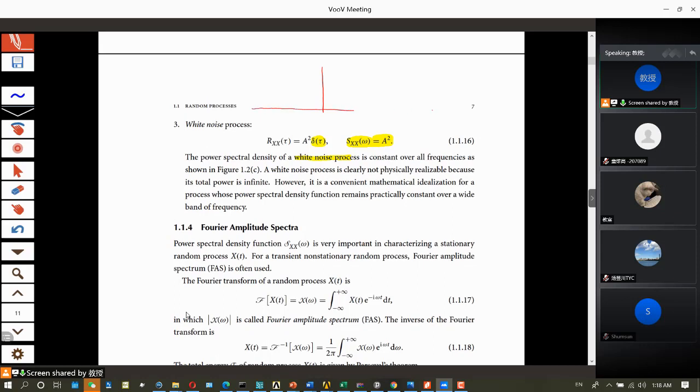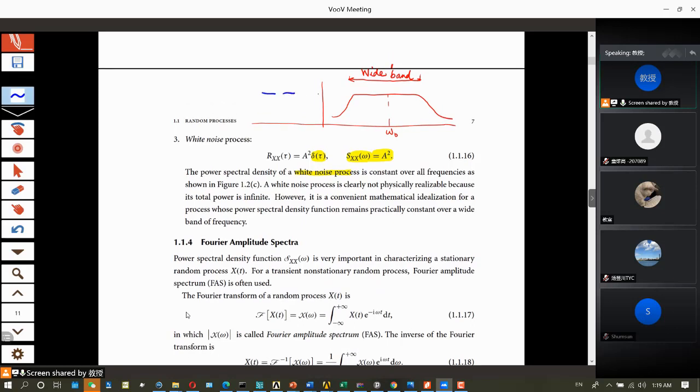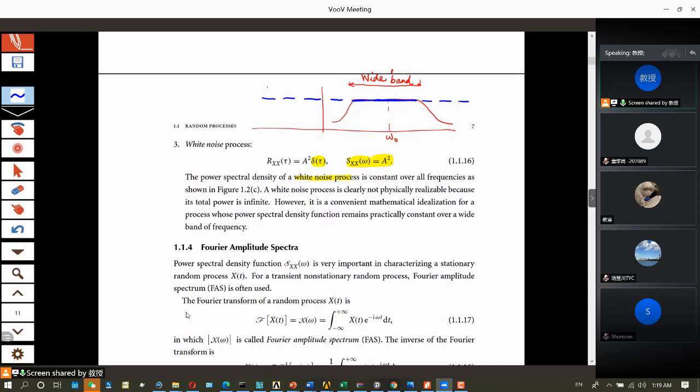Later we will study under what circumstances we can model a wideband random process. So this is a wideband process. When can we model this, approximated by a white noise process?